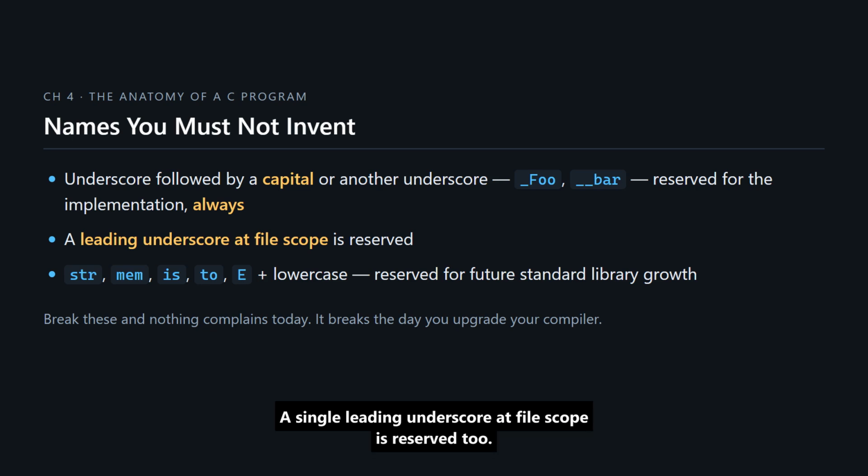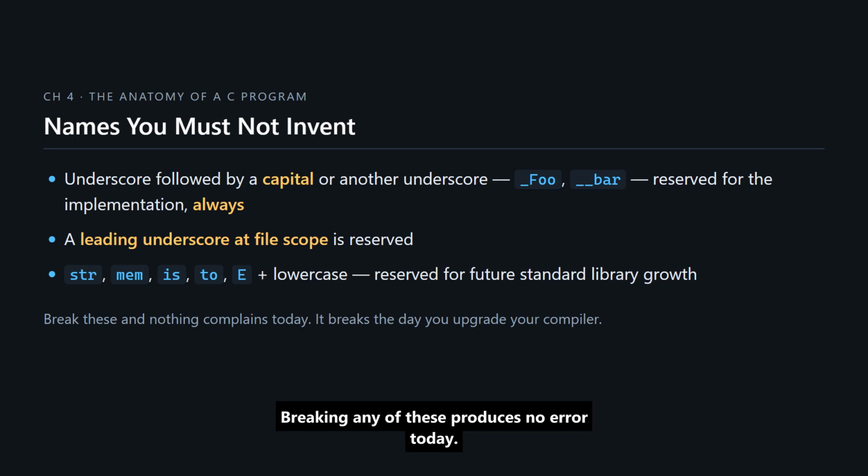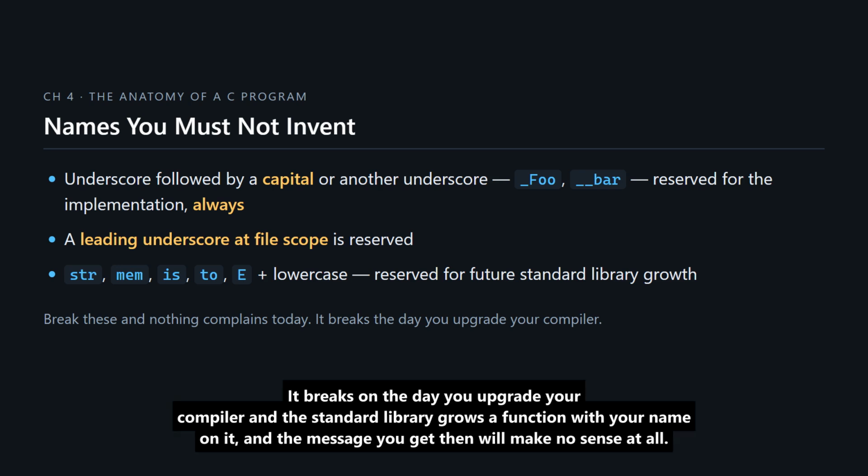A single leading underscore at file scope is reserved too, and names beginning str, mem, is to, or a capital E followed by a lowercase letter are reserved for future standard library growth, so do not write your own str trim or is valid. Breaking any of these produces no error today. It breaks on the day you upgrade your compiler and the standard library grows a function with your name on it, and the message you get then will make no sense at all.